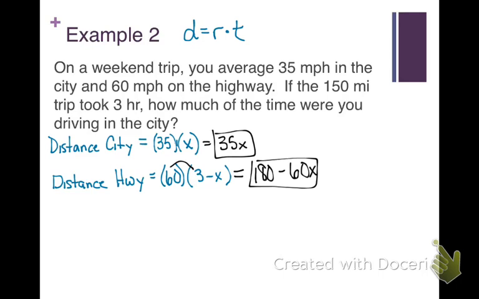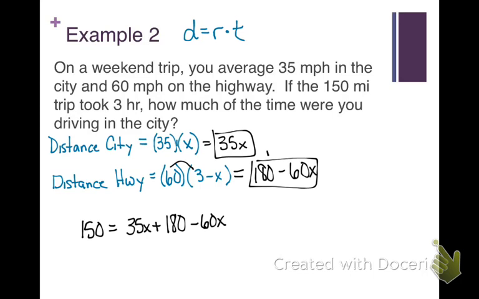What's the total distance that we drove? 150. So since it was 150 total miles, I'm going to add these two up, and I'm going to have 35x plus 180 minus 60x.